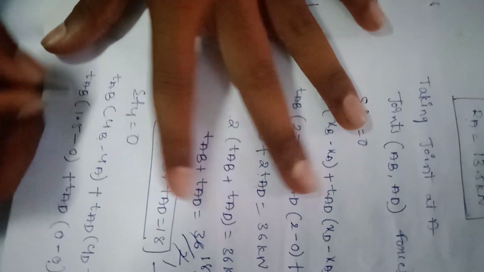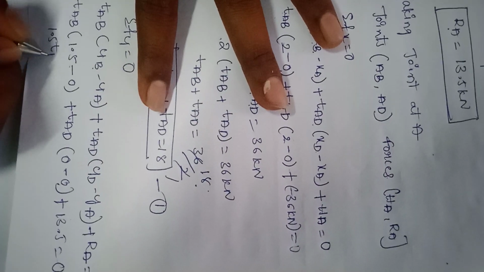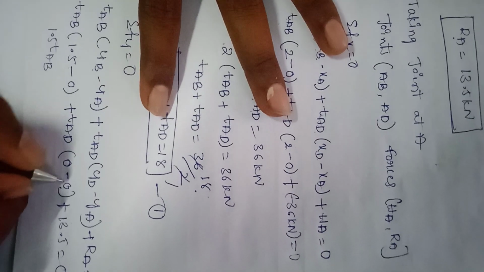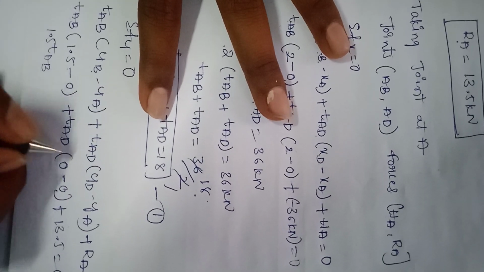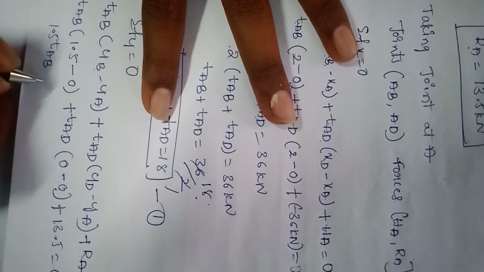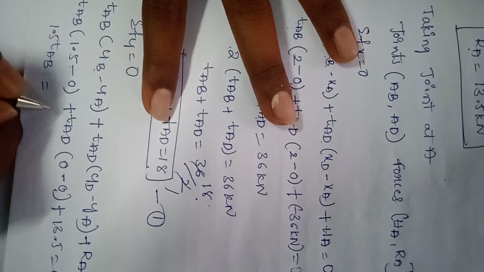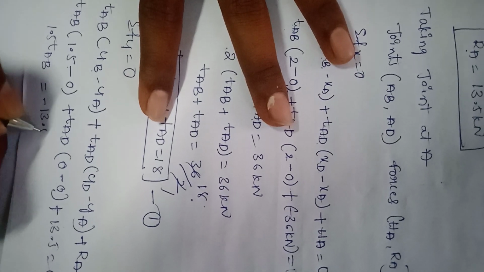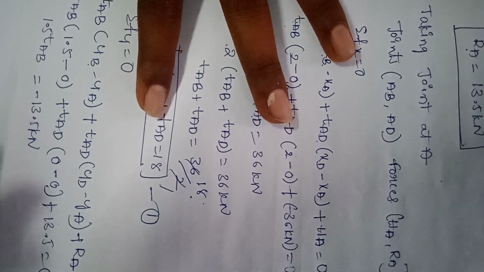Therefore 1.5 T of AB, plus 0 into tension in member AD, which is 0, so 1.5 T of AB equals minus 13.5 kilonewtons.